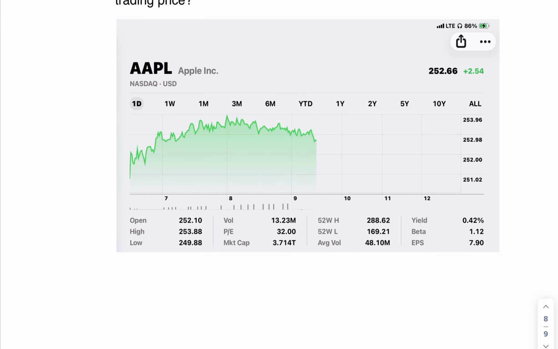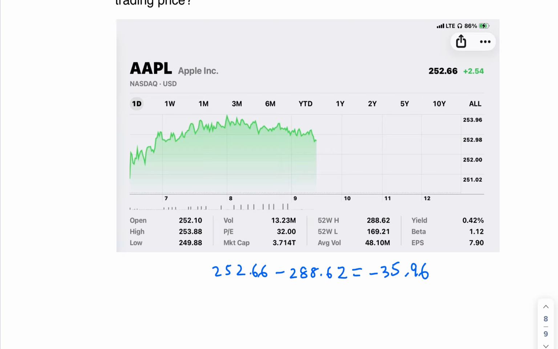So we're going to take 252.66, because that's the current or the latest, and we're going to subtract out the 52-week high of 288.62, and you'll notice that this is going to come out to be a negative answer.